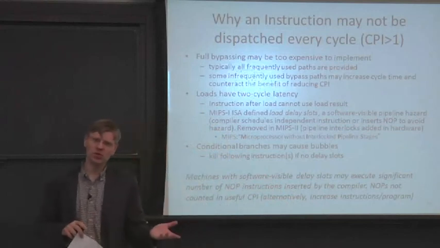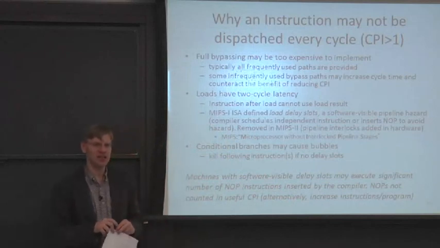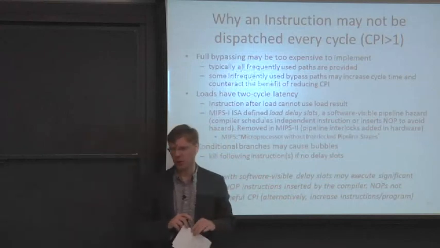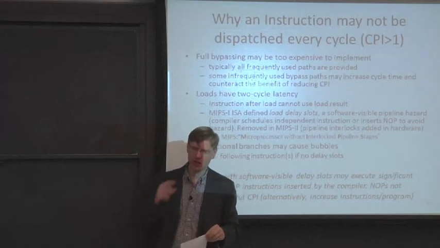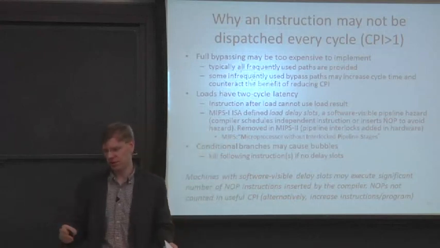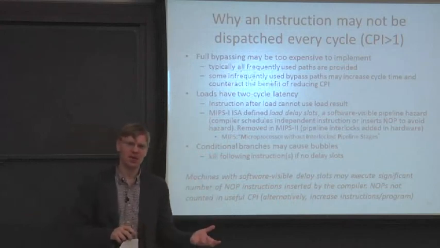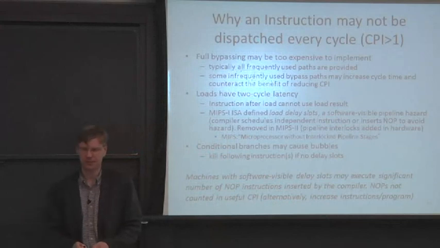So what you typically will do is figure out what are the common bypasses, or the common forwarding paths that are needed, and you'll have those. And some of the infrequently used ones, you just won't build. This will help with your cycle time, but hurt with your CPI.